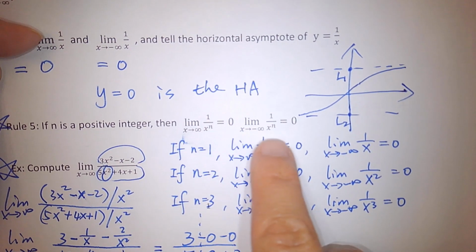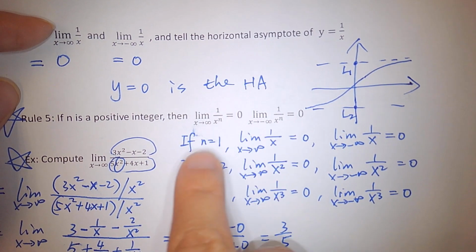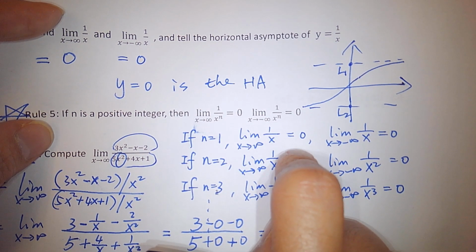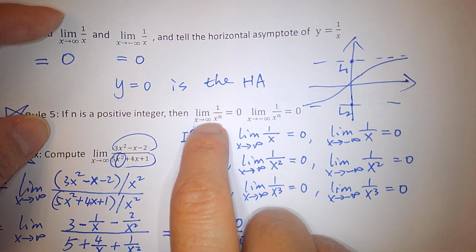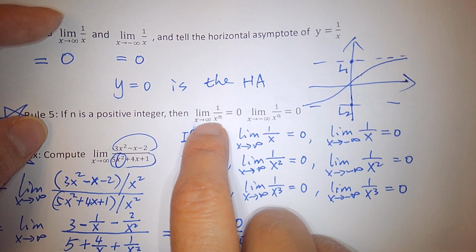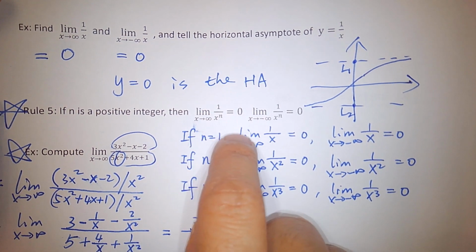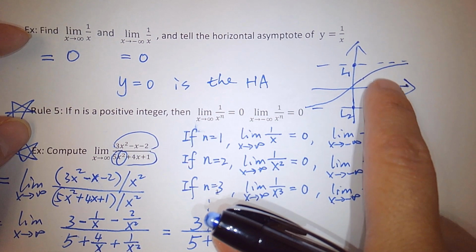Most of the time, the two horizontal asymptotes coincide with each other, I would say. So would you say that's true for all rational functions? No, it's not for all. For rational functions, they might have the same horizontal asymptotes.